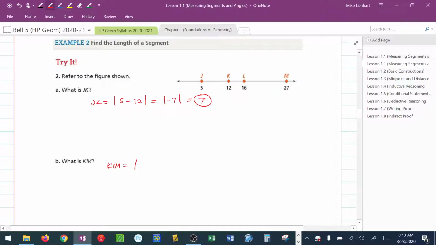You can go right to left, but I'm going to say absolute value of 12 minus 27. That's the absolute value of -15, which would be 15. Notice if I had found KM, but I did it using M first, I would have absolute value of 27 minus 12, which is the absolute value of 15, which is still 15. Doesn't matter which way we do it.